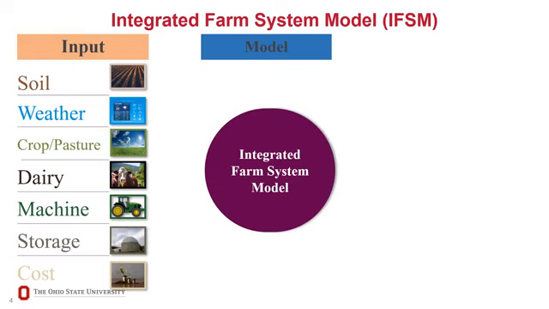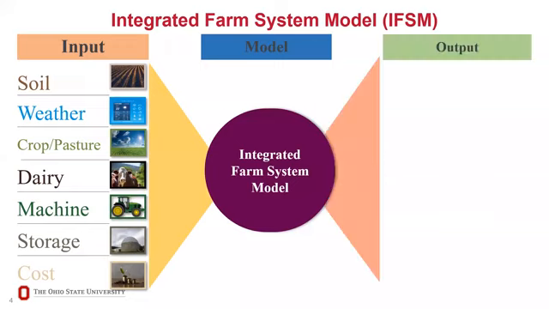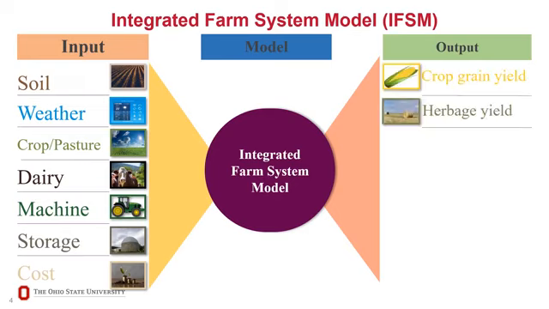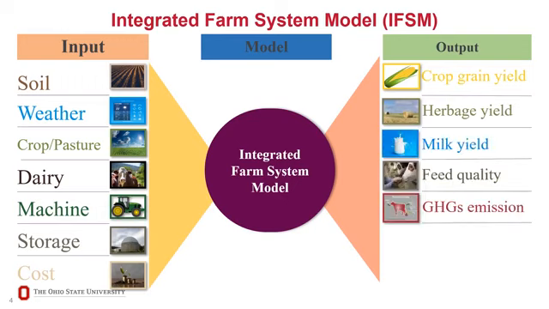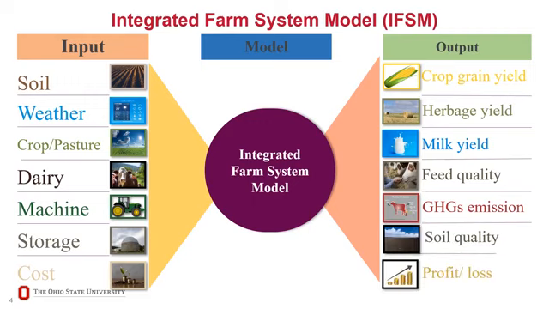When we provide these inputs, the model gives us the output. There could be so many outputs of the model, like grain yield, harvest yield, milk yield, feed quality, GHG emissions, soil quality, as well as the profit and loss from our system. So that's how the model works. It takes the input and then provides the output.